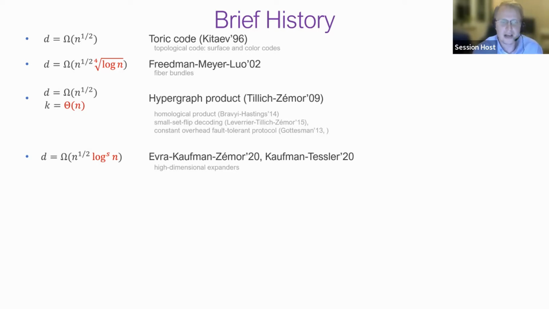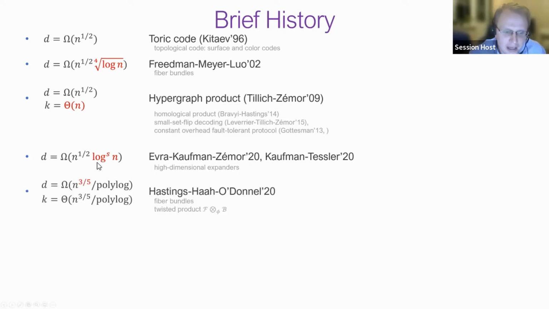First there were papers that considered high dimensional expanders, and they showed that it is possible to go slightly further, so you can improve these logarithmic factors. But then after that, there was a breakthrough by Hastings, Haah, and O'Donnell, and they proposed some very interesting constructions based on fiber bundles, and they also proposed a general product that they call the twisted product.